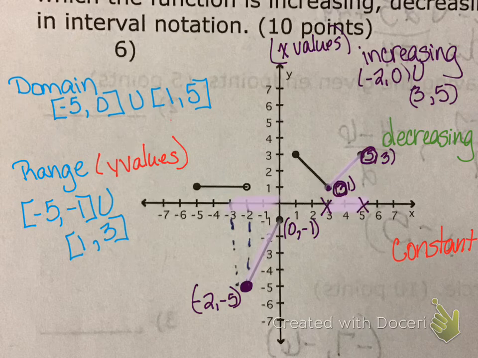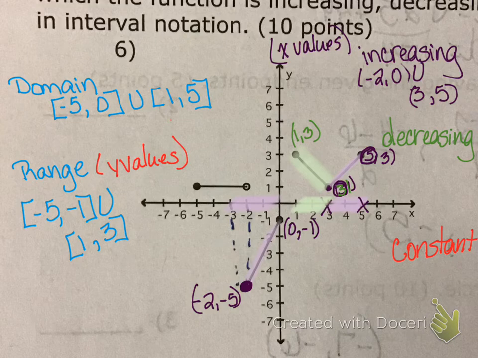Now decreasing, we just have this one area right here. Let me make it a little darker. So that is just this part of your x values. I've got 1, 3, and then we've already got this written down as 3, 1. But I'm only paying attention to my x values.